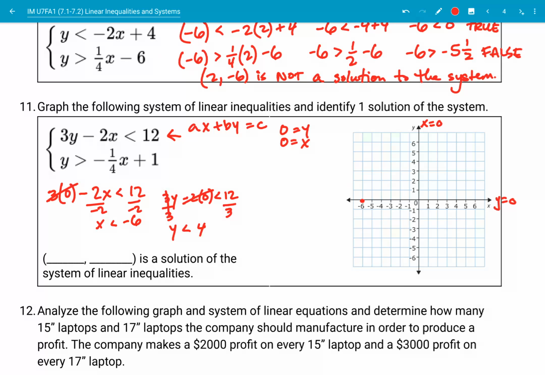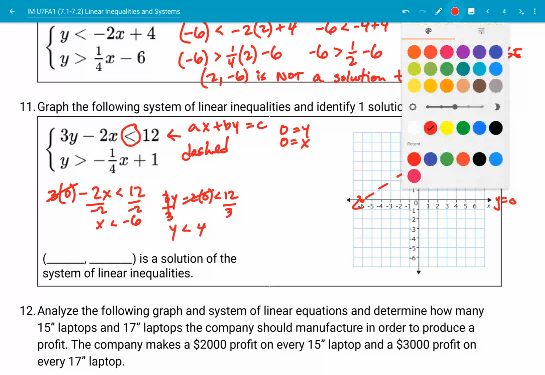This means I put a point here at 4. Now this is a less than sign, which means I use a dashed line. So I'm going to draw a dashed line through these 2 points. Next I would shade, but I'm going to go ahead and graph the other one first before I shade.